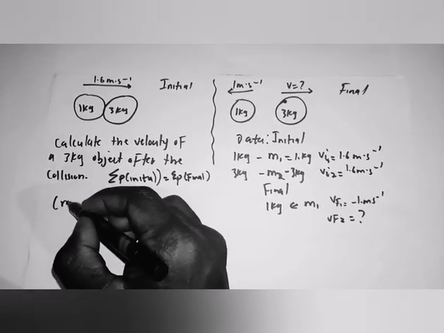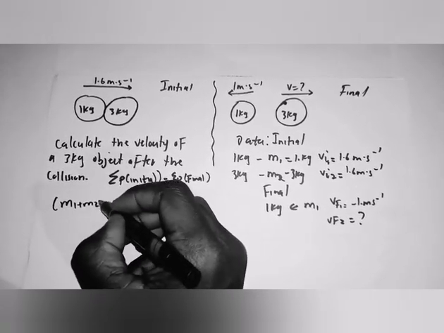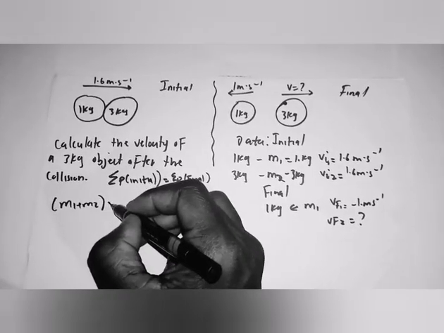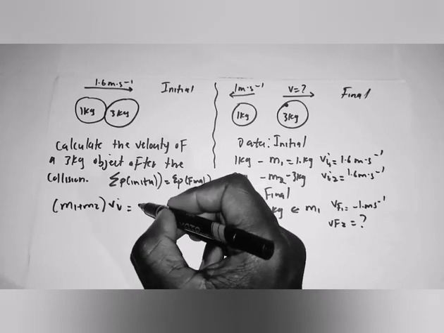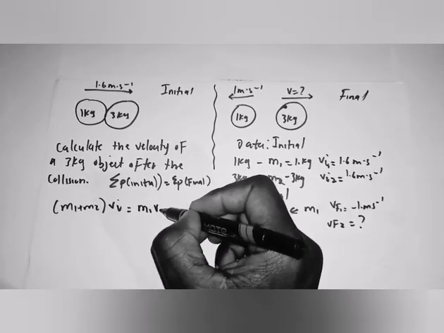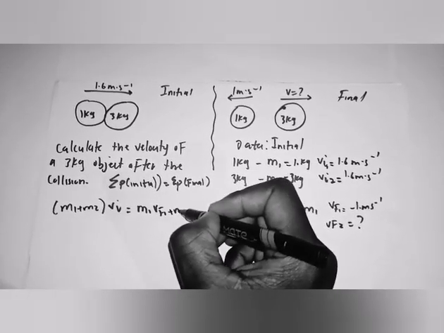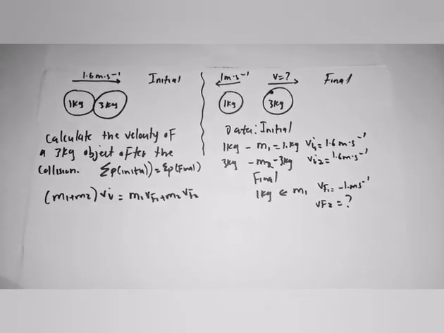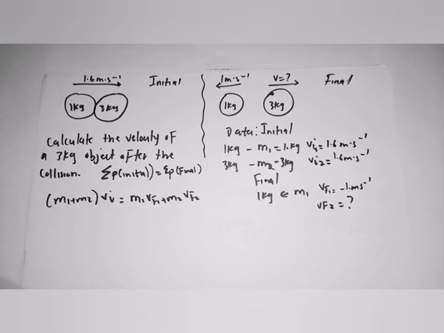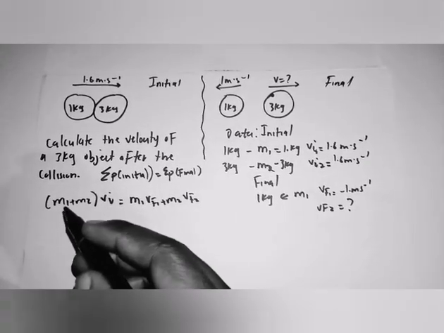So we use this one, (m1 plus m2) v initial equal to m1 vf1 plus m2 vf2. Why? Because the objects move as a unit before the collision.